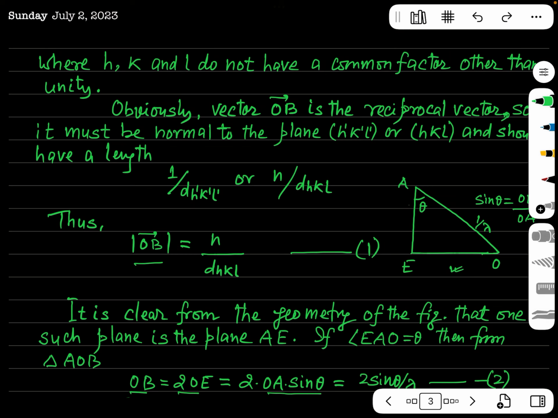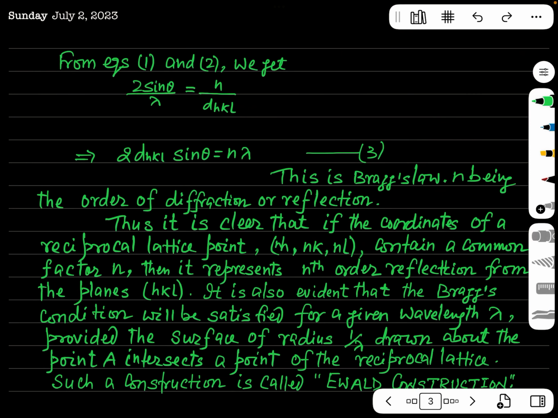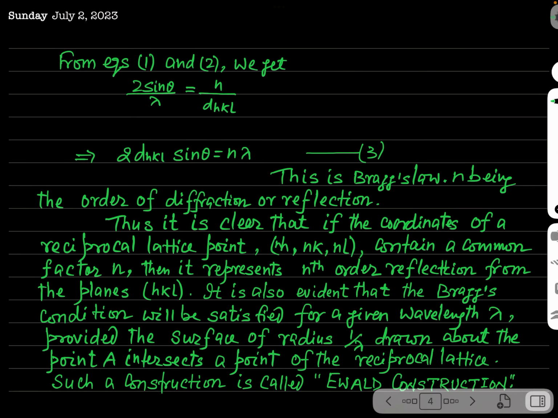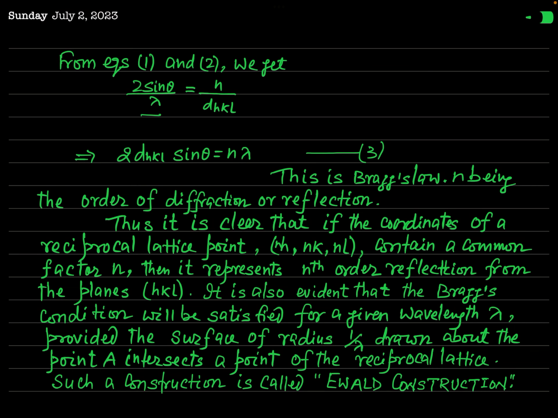So OB is 2 sine theta over lambda. According to the definition of reciprocal lattice vector, the modulus of the reciprocal lattice vector OB is n over DHKL. So you can now equate these two equations: 2 sine theta by lambda is equal to n over DHKL, and this is 2 DHKL sine theta equal to n lambda. This is the well-known Bragg's law.